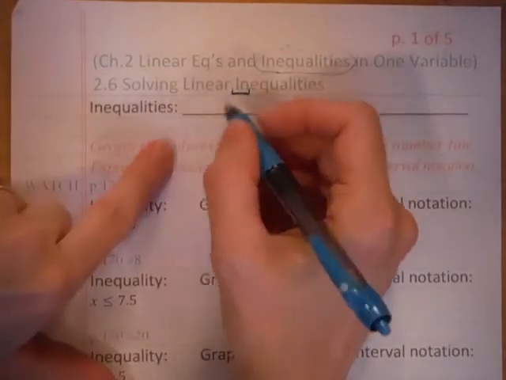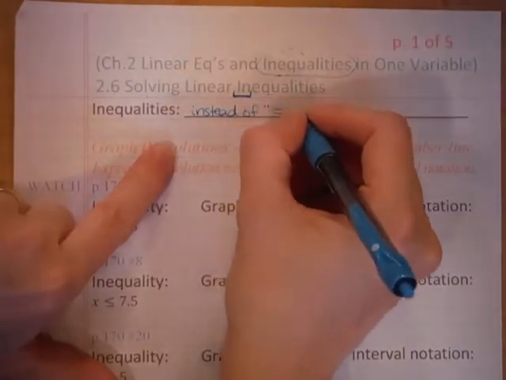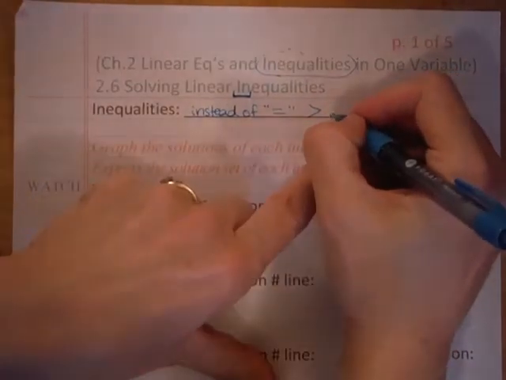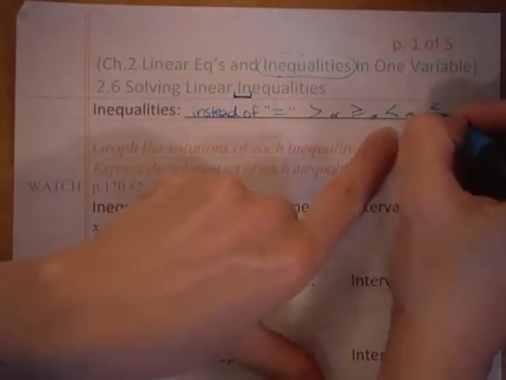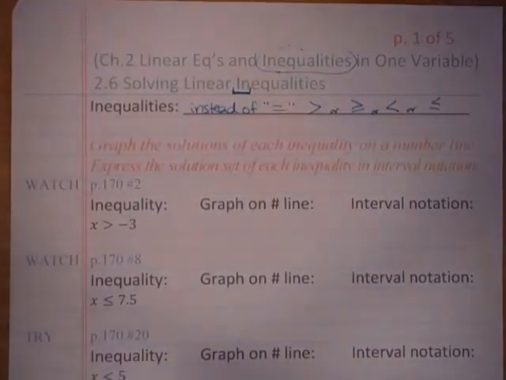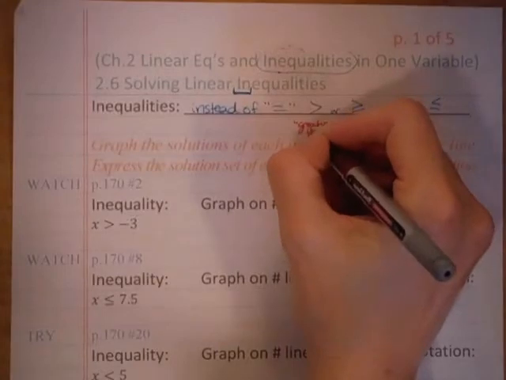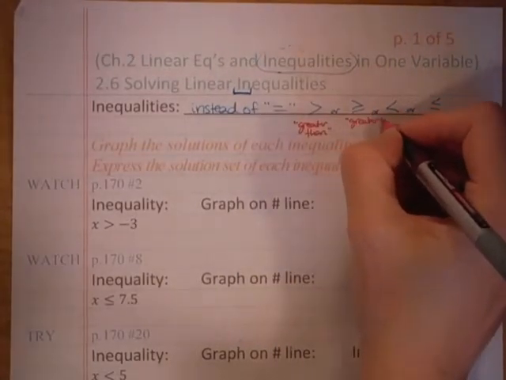So what is an inequality? Well, instead of seeing an equal sign, you're going to see one of these four. You're going to see a greater than, or a greater than or equal to, or a less than, or a less than or equal to. So this first one reads greater than. The next one is greater than or equal to.